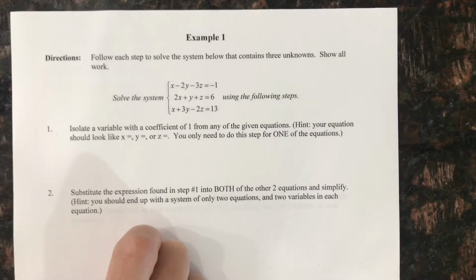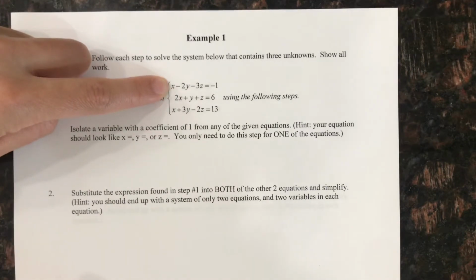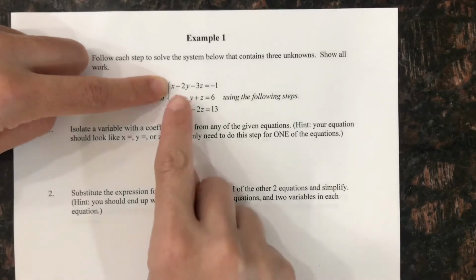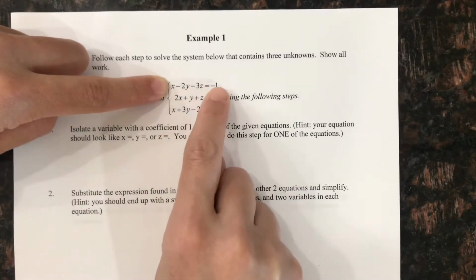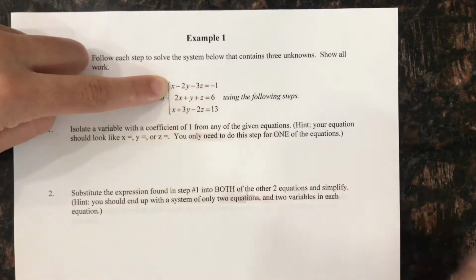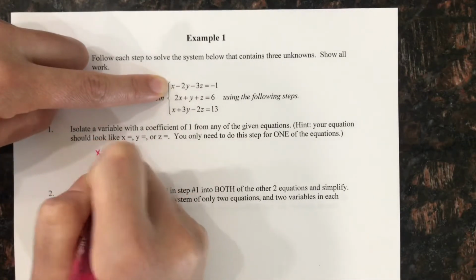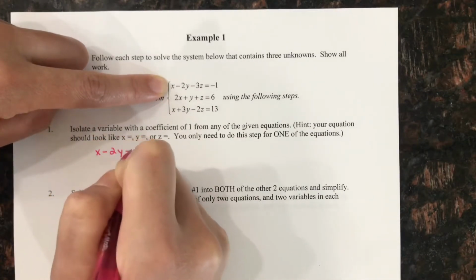So I'm going to look at this equation, and I can see in this top equation, I could pretty easily get the x by itself just by adding 2y and adding 3z to the other side. Okay, so let's write that over here. This is the initial equation.